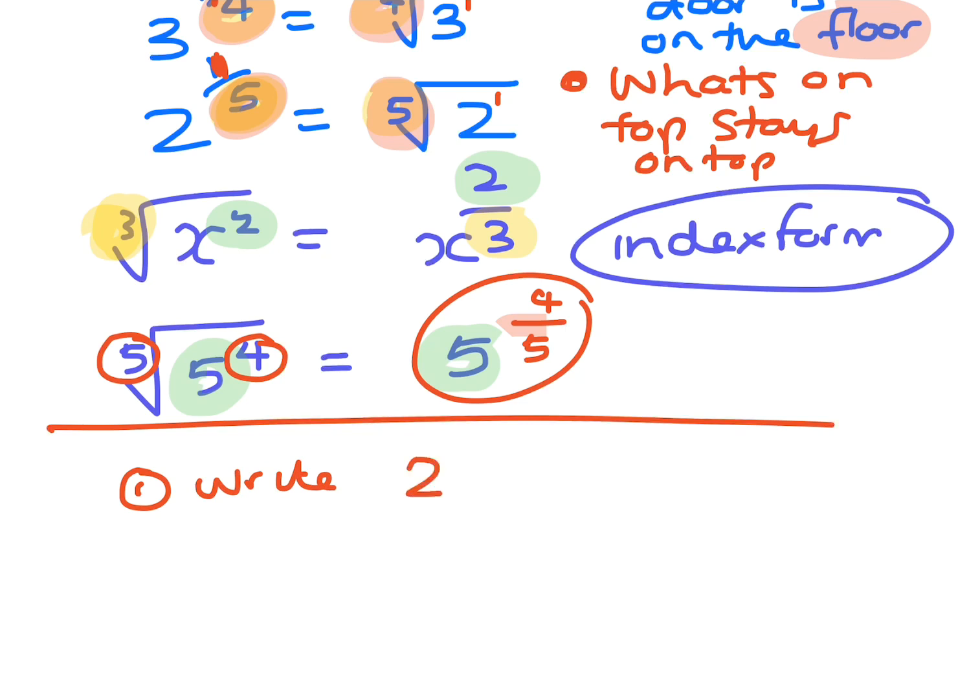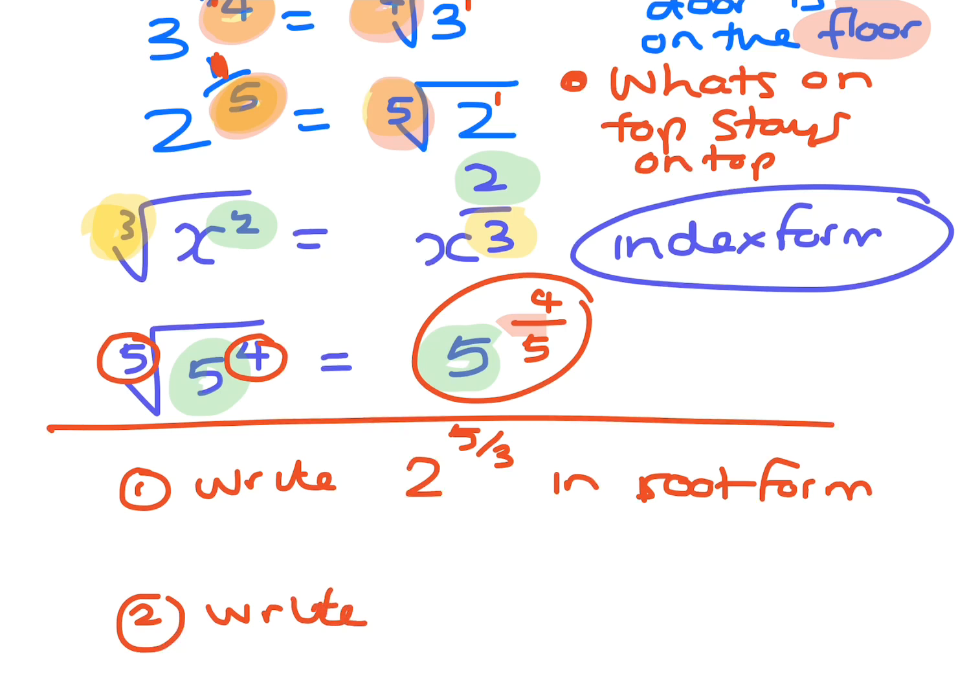So you can write 2 to the 5 on 3 in root form. That's going one way. Or you could write the cube root of 5 to the 2 in index form. That's going back the other way.